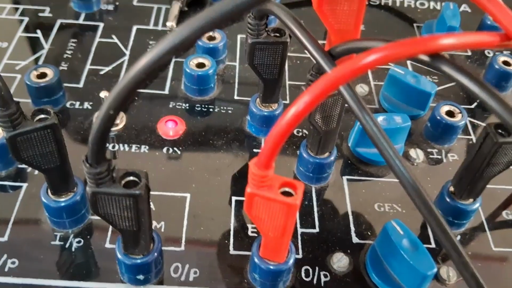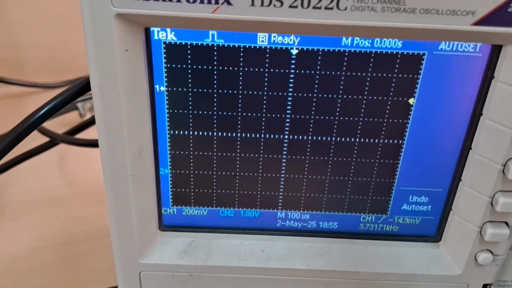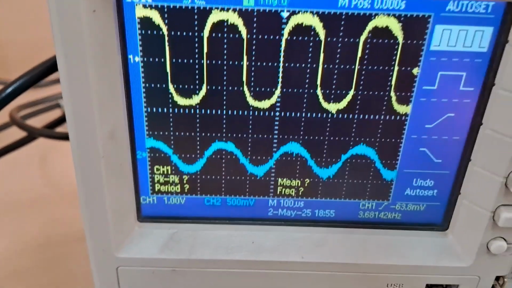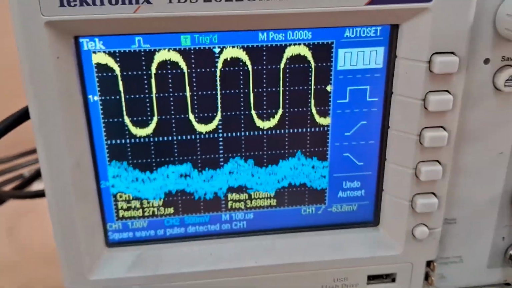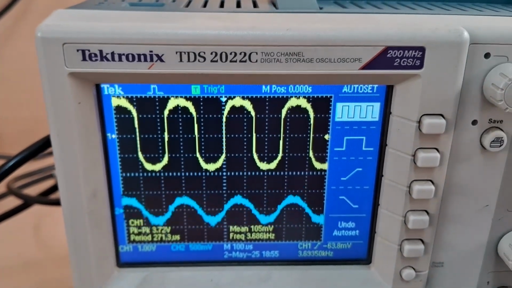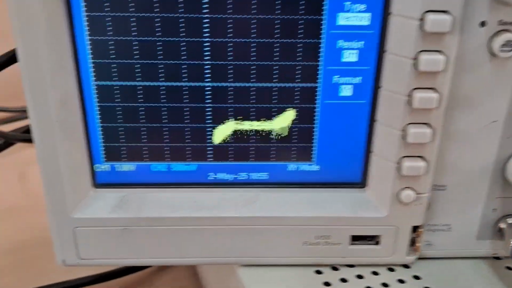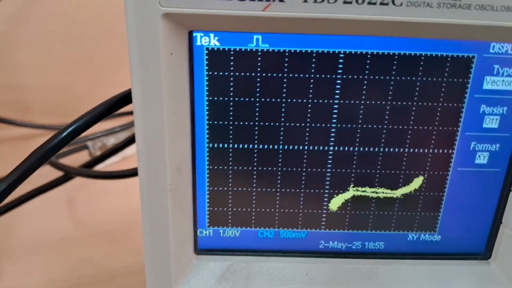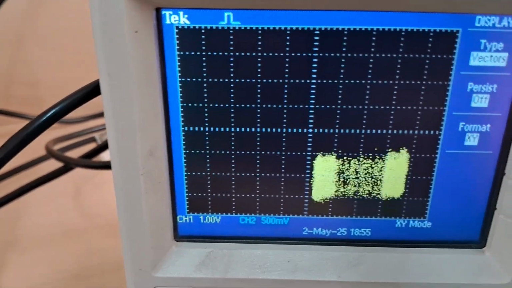Now once again, I'll put the CRO in the XY mode. So you can see that, in the display option, put the CRO into the XY mode. What you can see is, yes, this is the characteristics.